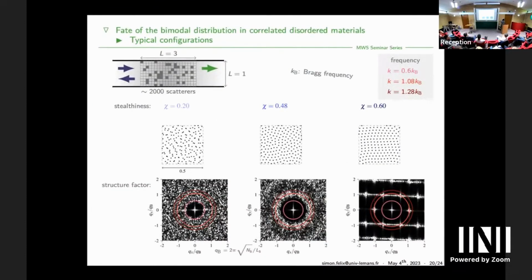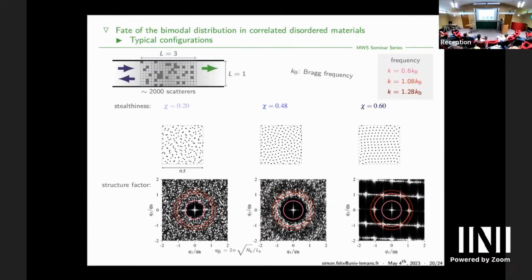To illustrate this, I show here three values of this stealthiness parameter, and the numerical experiment we will do is this one.